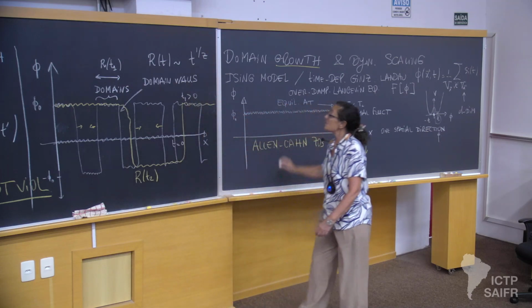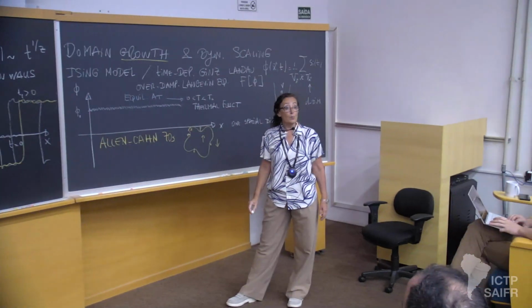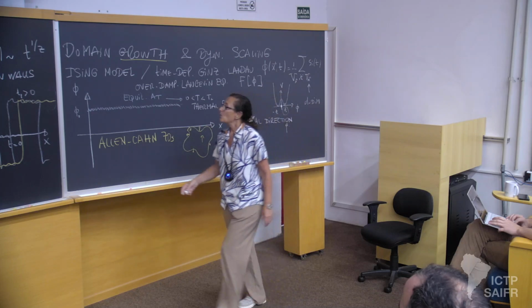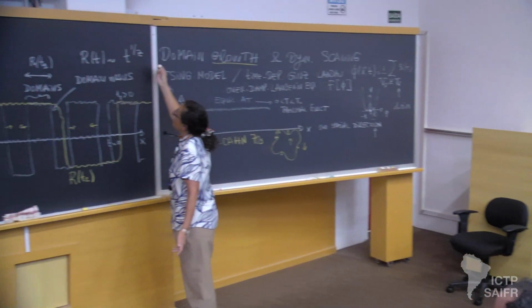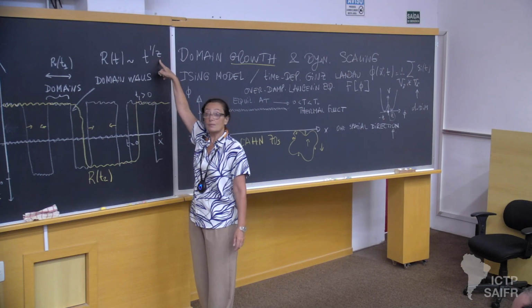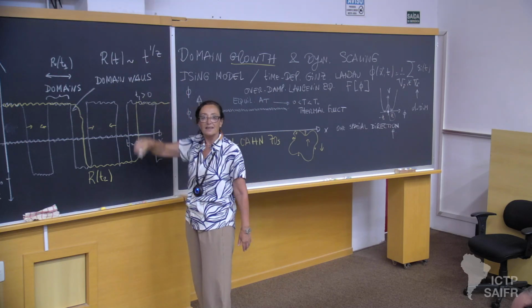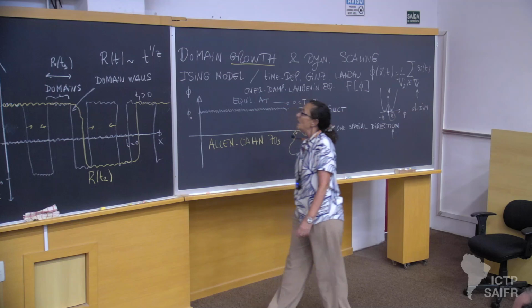For these problems of domain growth, typically R of T grows like a power law with an exponent, which is called the dynamic exponent. The way of writing it is R of T goes as T to the 1 over z. This is the standard notation.